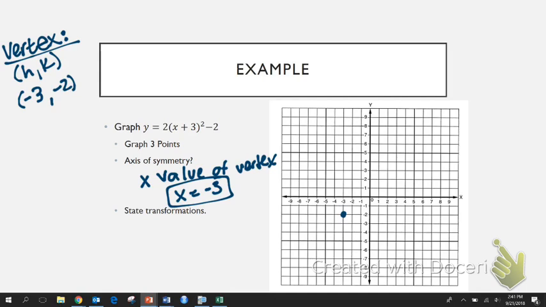But to graph other points, we need to choose an x value. So any x value to the left or to the right of the vertex, and I need to plug it into my equation. So I'm going to plug in 0 only because I like plugging in 0. Actually, that's going to be a poor choice on this graph. We'll plug in negative 1.